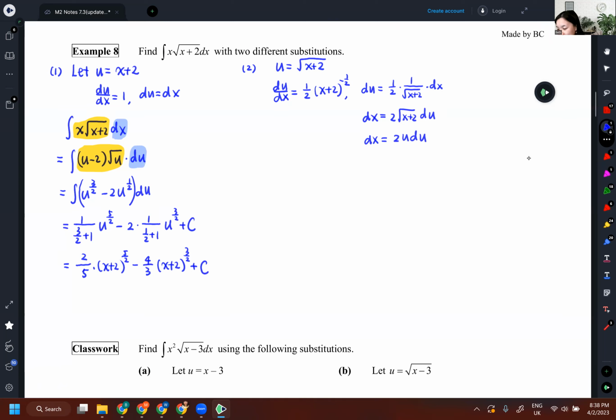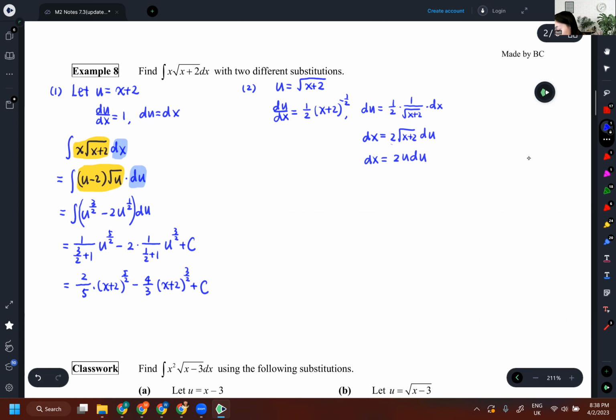Now I changed dx back to this, and that's not enough. In the previous examples, it just worked out. But for this one, it doesn't work out completely because I cannot have this around, so I have to change it back to u. Sometimes that's needed.